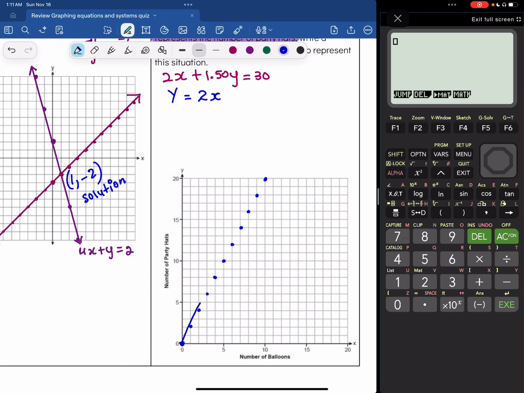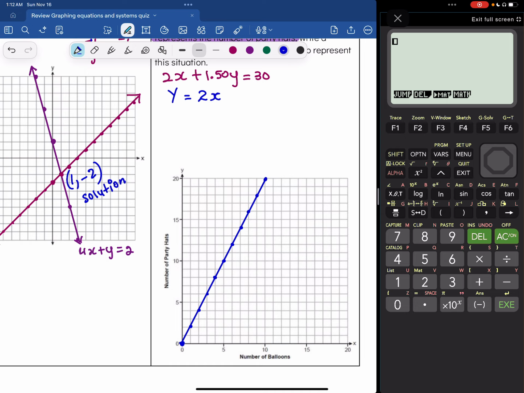Connect those points with a line. Okay. Notice that I'm not going to put arrows on this line because Anna only has $30 to spend. So I can't keep buying more and more balloons, right?